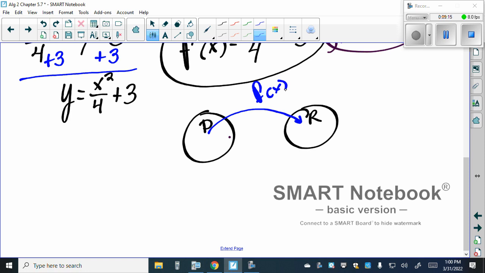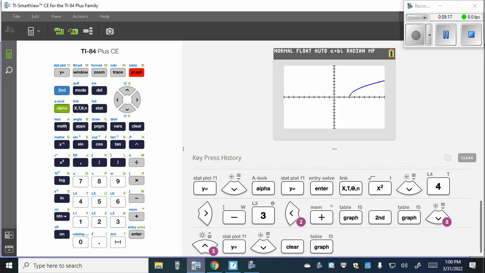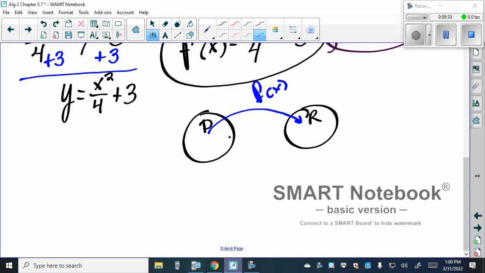Now, if we look at the graph of this here, the only values of x that show on this graph are those greater than 3. And all the y values are contained in that first quadrant. So we only really have y values that are greater than 0, yes? So what that's telling us is that we're taking x values that are greater than or equal to 3 and mapping them to y values that are greater than or equal to 0. Those are our domain and range.